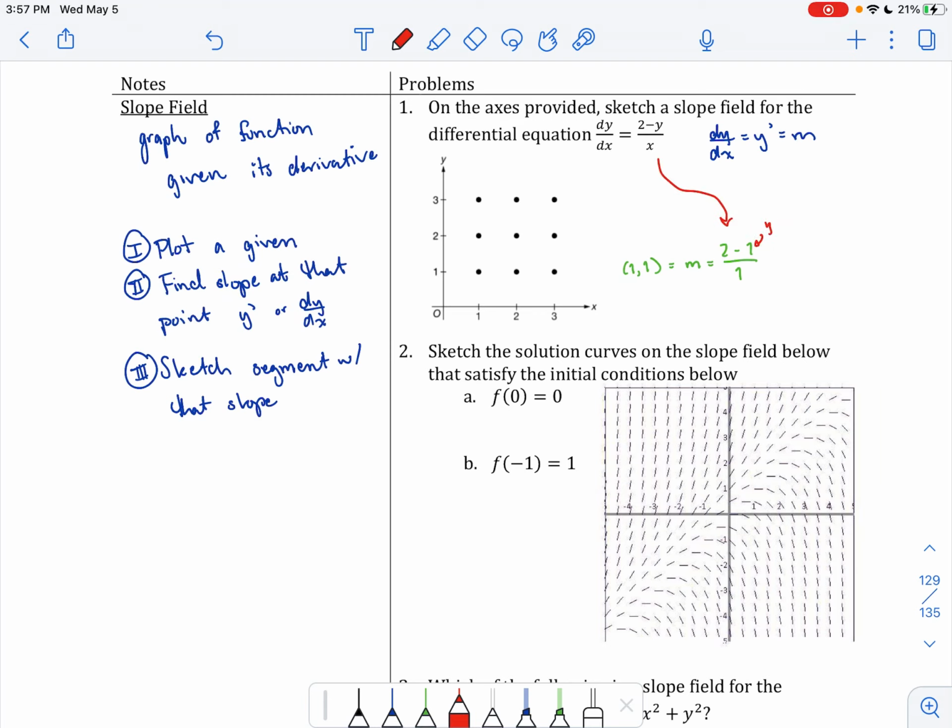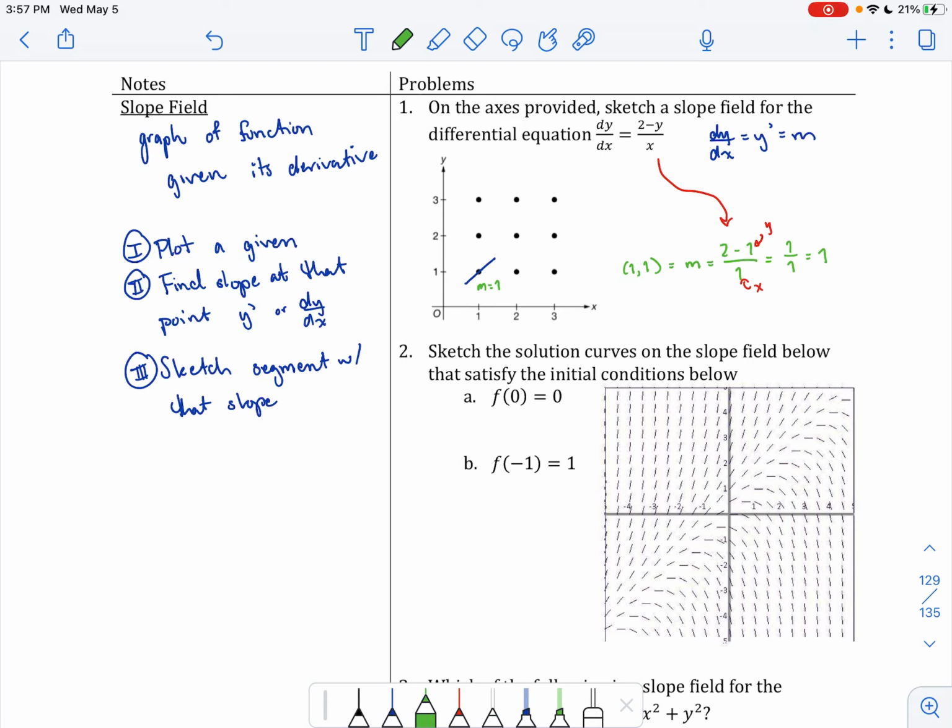I'm using this equation right here. Here's my y value, here's my x value. And so the slope at that point is 1 over 1, which is 1. So I know that the slope is 1 at that point, so I sketch in a little segment with slope 1 like that.